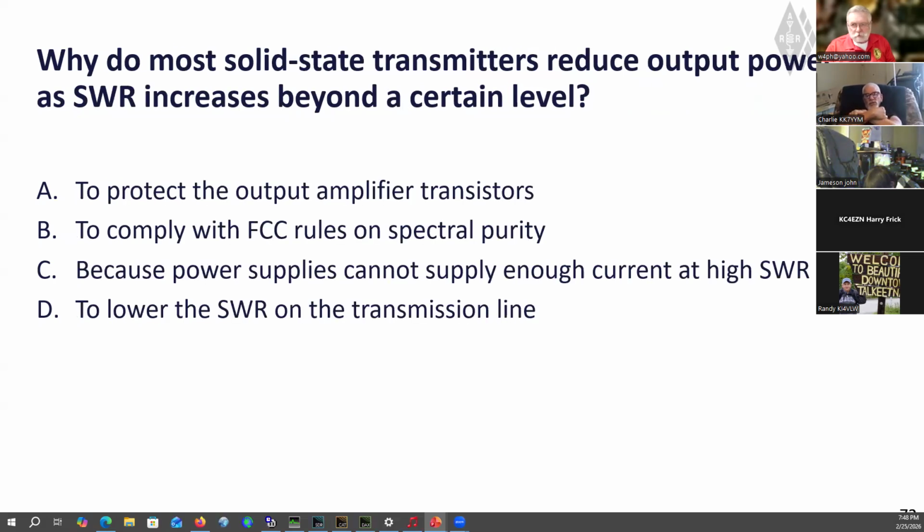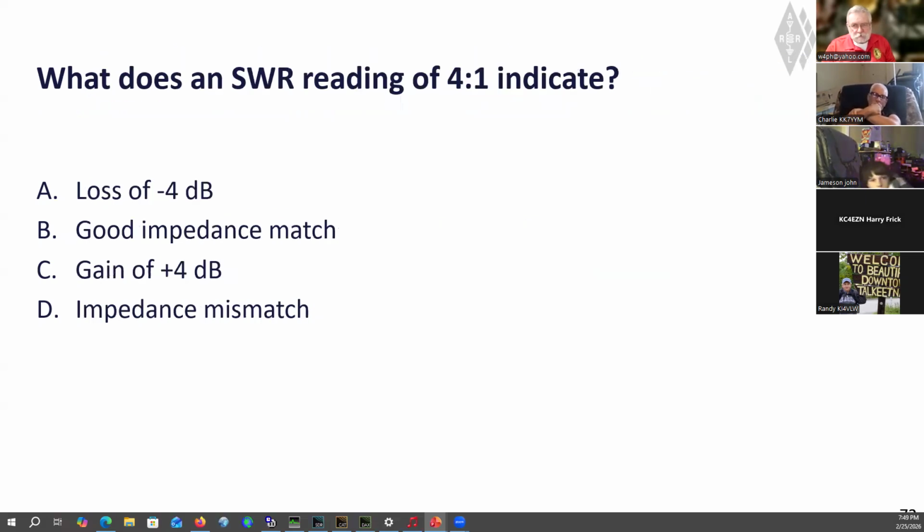Why do most solid-state transmitters reduce output power as SWR increases beyond certain levels? That would be A, to protect output amplifier transistors. What does an SWR reading of 4 to 1 indicate? And that would be an impedance mismatch, D.